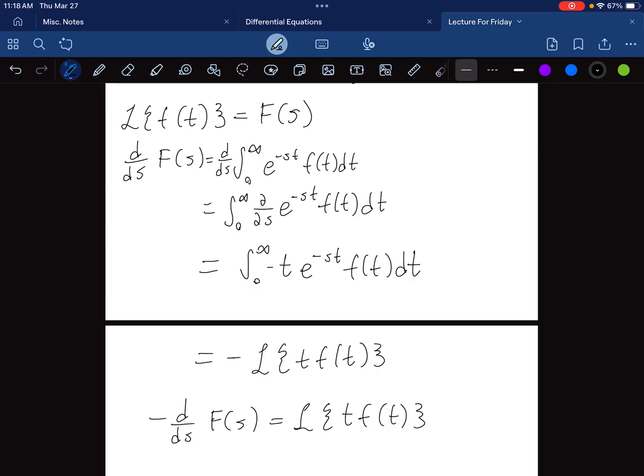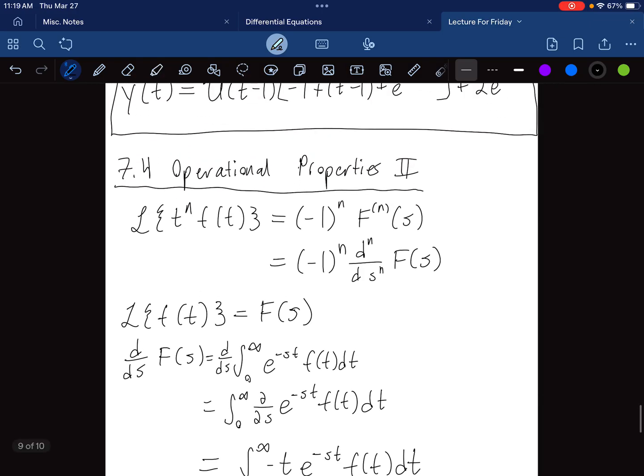If we notice that when we take the Laplace transform of, say, t times f of t, and then take the derivative of that, we can continue on this pattern to find that the Laplace transform of t to the n f of t is going to equal this -1 to the n times the nth derivative of F of s.